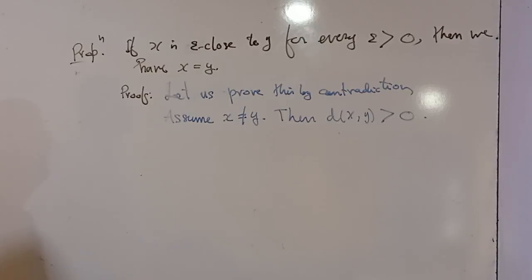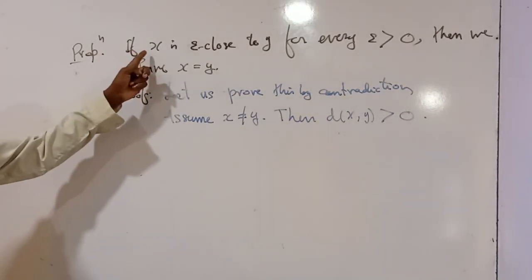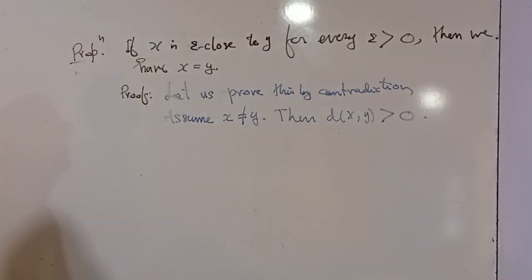Right? Then dxy is strictly greater than 0. Now, the question says x is epsilon close to y for every epsilon greater than 0. Now we have this much.